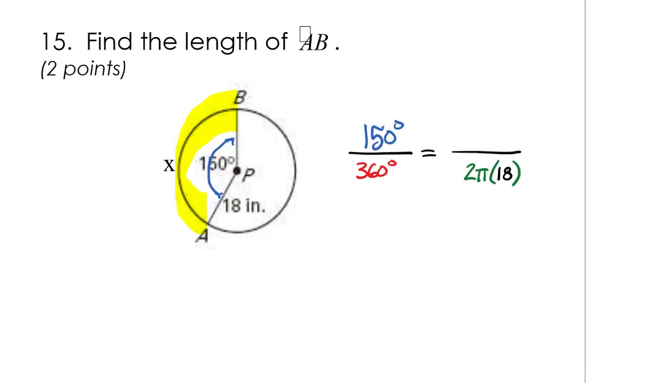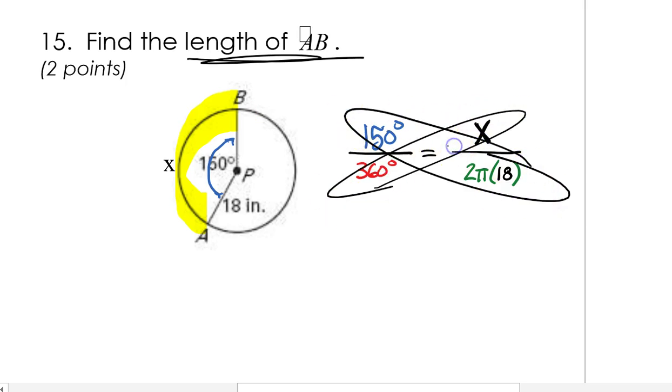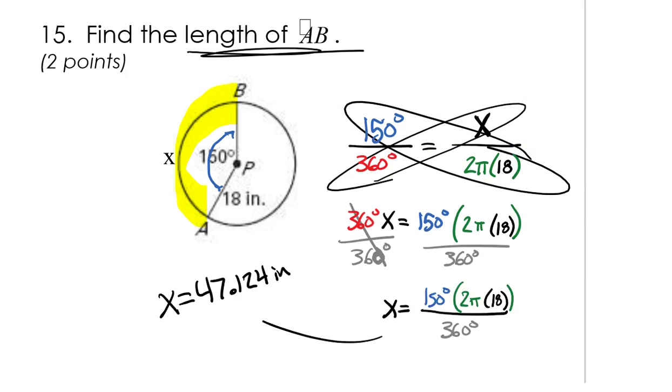For the ratio of circumferences, we know 2 pi r is the distance around the circle, radius here being 18, and we are asked to find the length of the arc, so that is going to be our unknown value x in the proportion. Once again, we'll cross multiply and then divide by 360. This gives us an answer that x is equal to 47.124 inches. The arc length is 47.12 inches long.